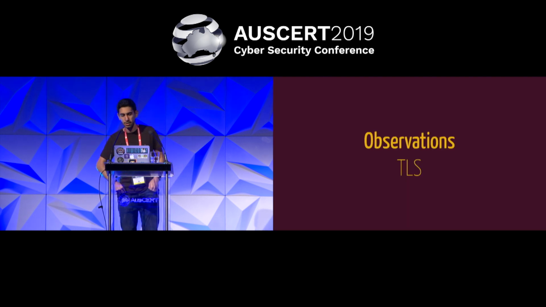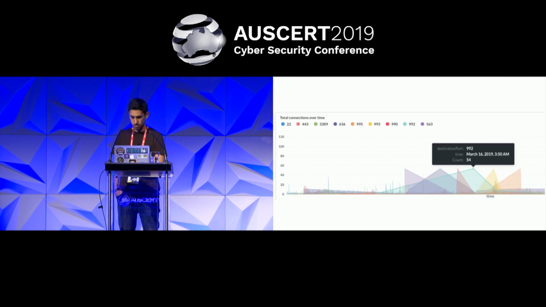Now the most interesting part of the talk, at least I think so, is the observations. Let's see what we can understand about the attackers and tools using these metadata and fingerprints. This is just a simple diagram. The interesting thing here is that you can see an actor started scanning some TLS ports like 992, 443, and other ports.